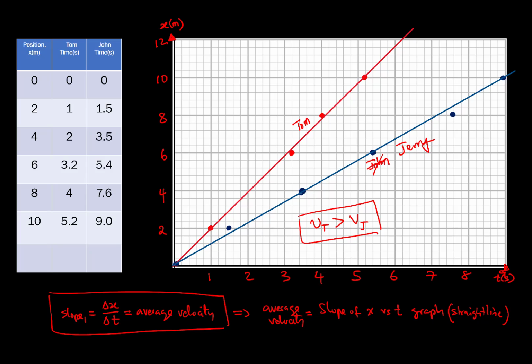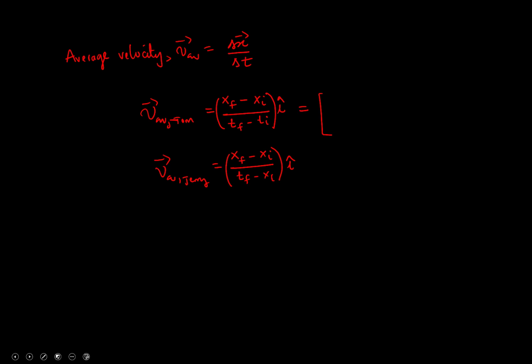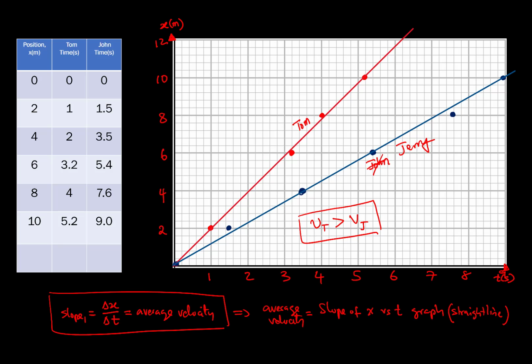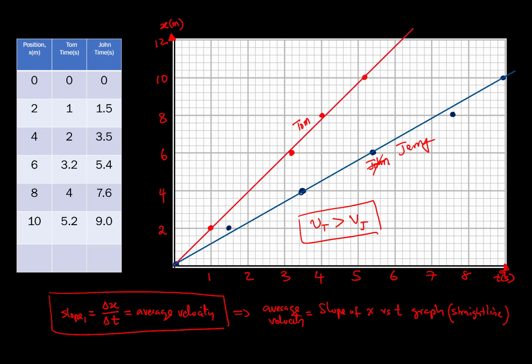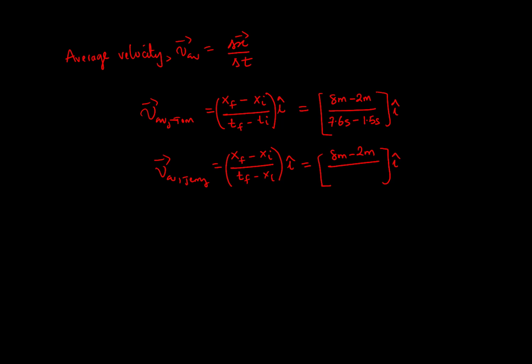Let's pick 2 and 8 for Tom, and 1.5 and 7.6 for Jerry. So for Tom, this is 8 meters minus 2 meters, all divided by 4 seconds minus 1 second.